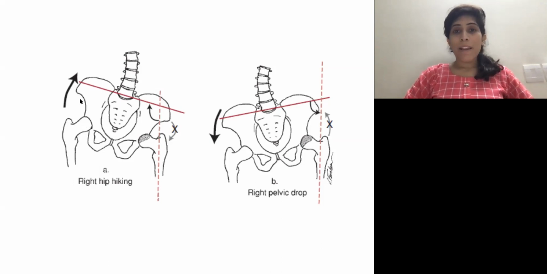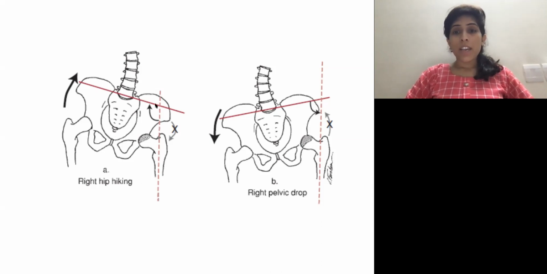Whenever the pelvic hike occurs, the pelvis moves in the upward direction. If we measure the angle from this ASIS and the vertical line which passes from the femur, it gets increased. So we can say the abduction motion is occurring.